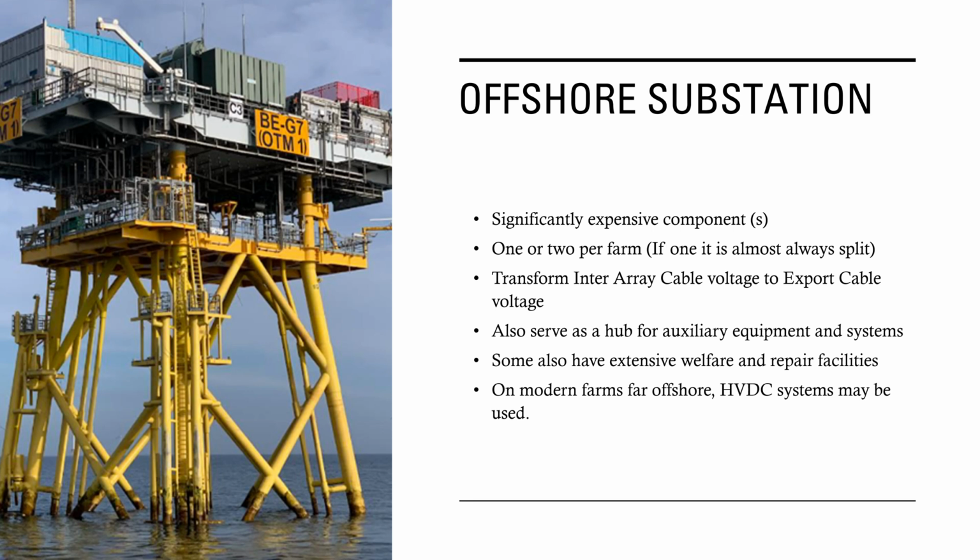So the rectification and inversion equipment is expensive, much more so, but because the losses are lower, you may, in farms which are far away or very large, be able to recoup the cost, and HVDC is a better system for that. But both systems are used in parallel, and mostly we still use AC.